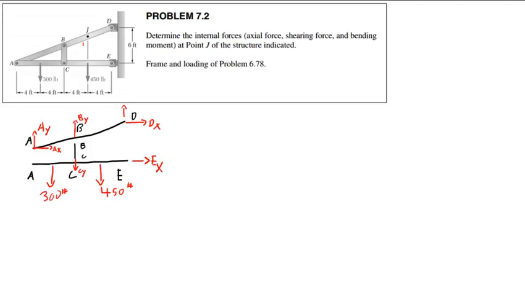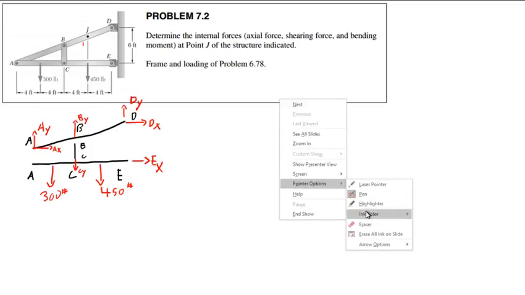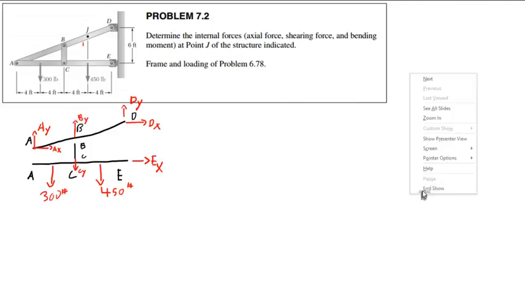All right, moving right along. Okay, so I'm going to get DX, DY, and EX via the global free body diagram. Let me show the forces on the global free body diagram.